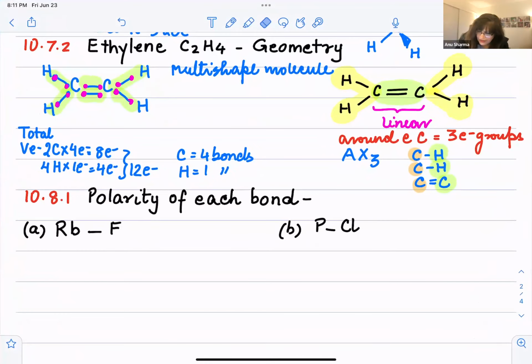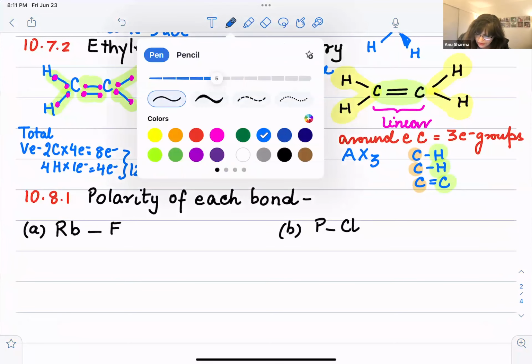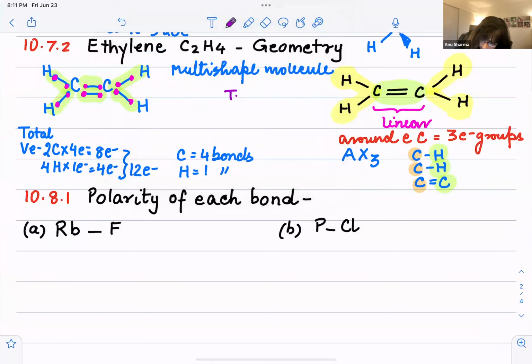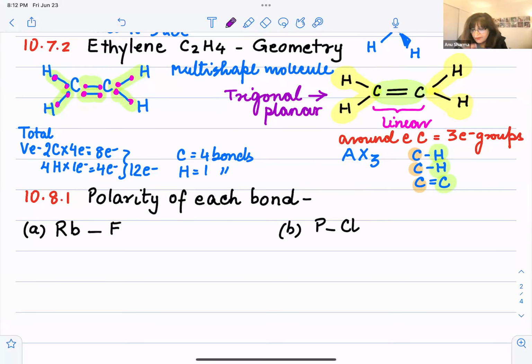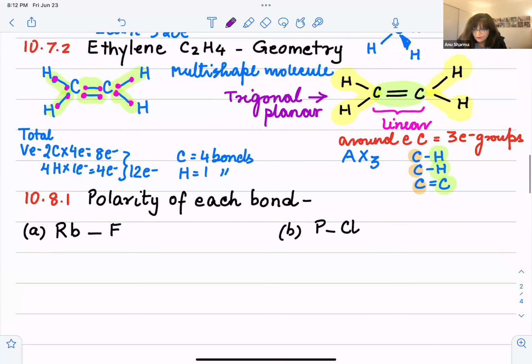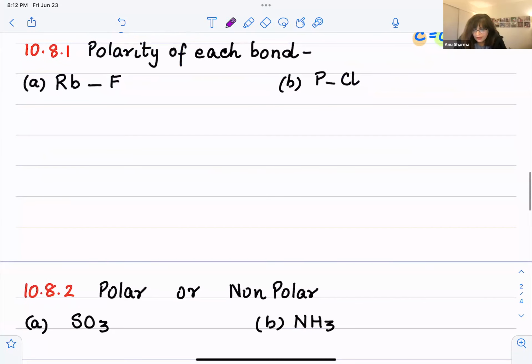So AX3 type relates to trigonal planar from this side. Okay, so that's the shape. So this is how you will do it. Next is the polarity of each one.